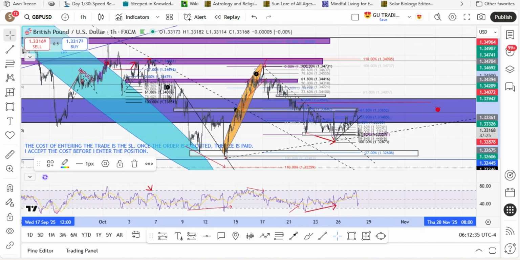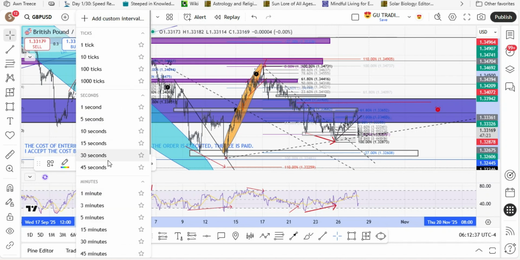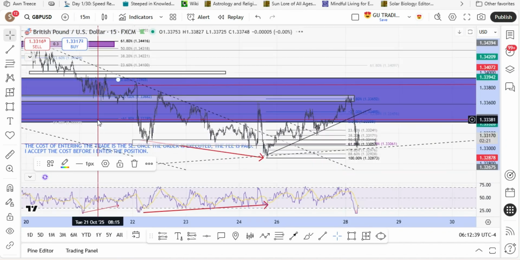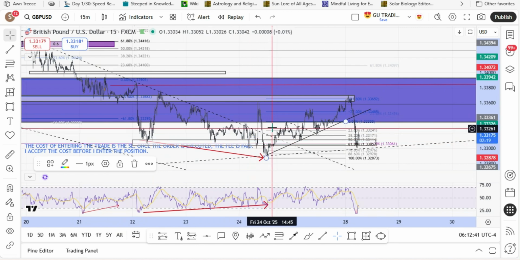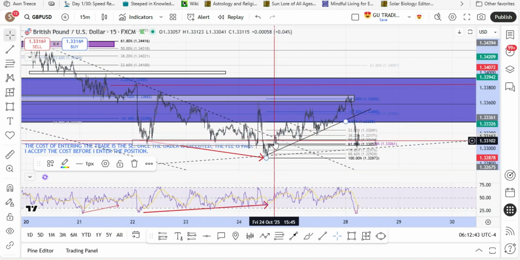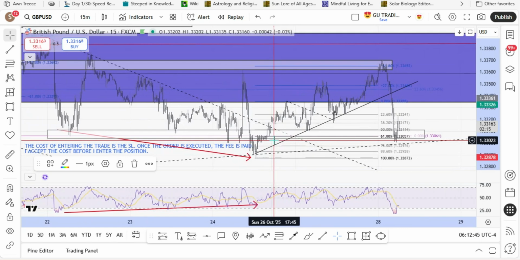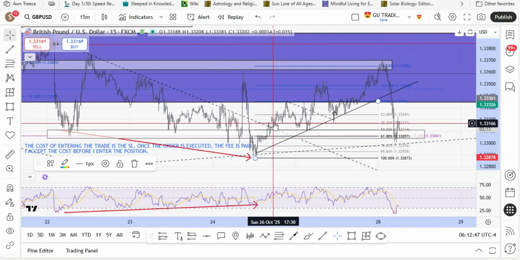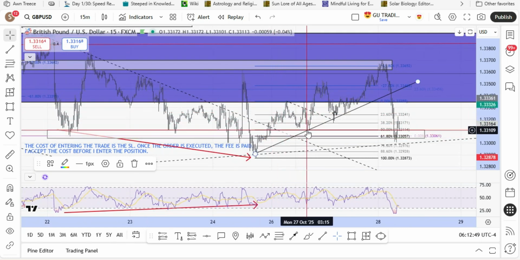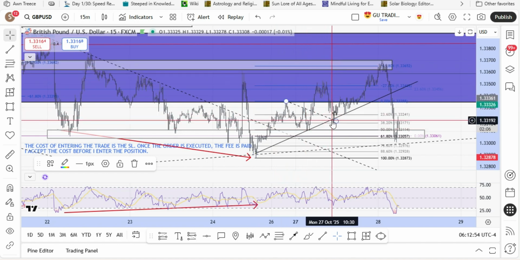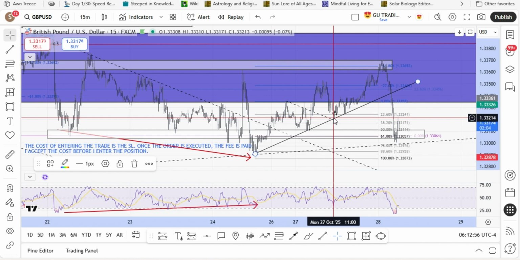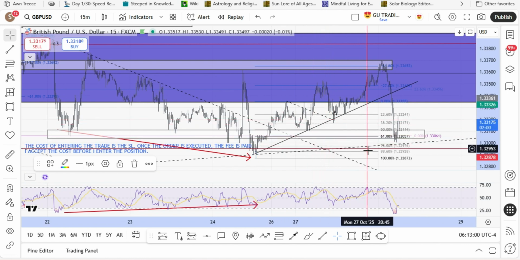Okay. So for the 15 minutes, yesterday we did get the break and retest of this zone for the buy up. This was also an entry right here on this minor fib.